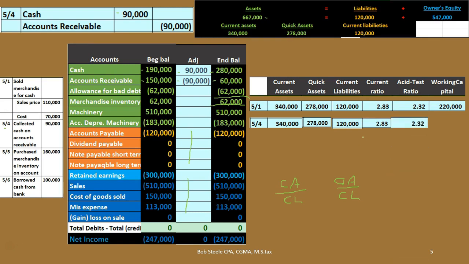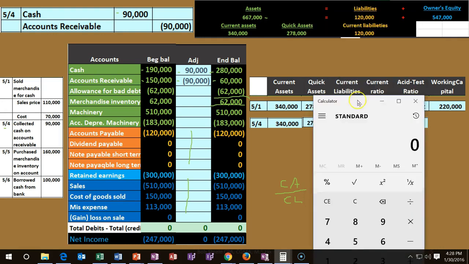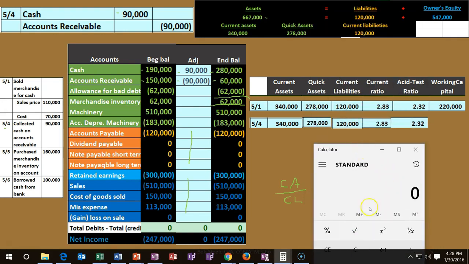How about the quick acid test ratios? Same type of idea here. So we're going to take the quick assets, 278,000 over the current liabilities of 120,000.